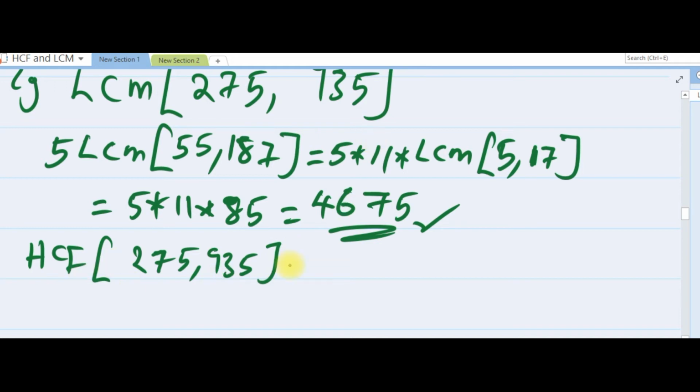What is common? The first one is 5. So we'll bring out a common term 5, leaving 55 and 187.